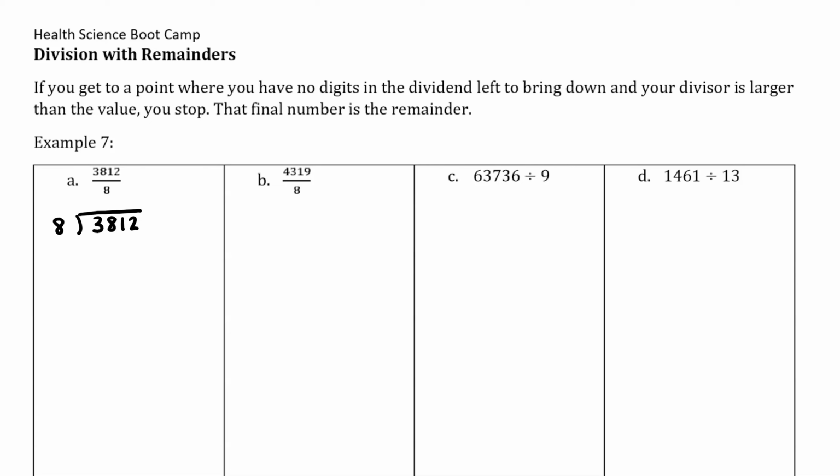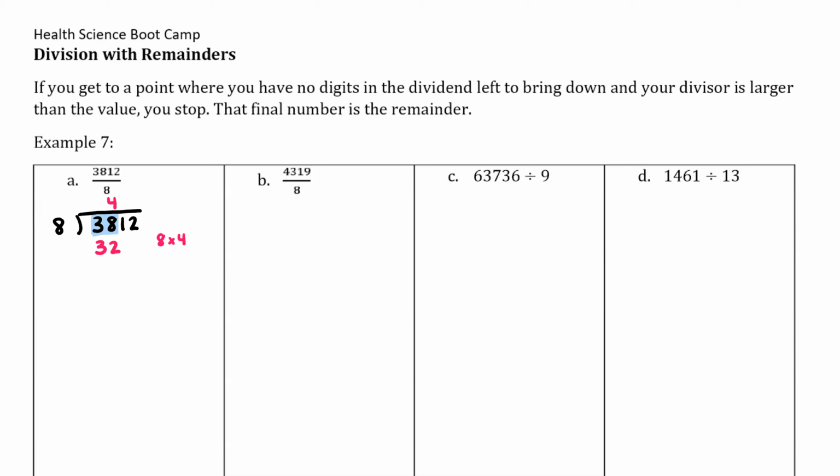Now, as customary, my number doesn't go in. 8 does not go into 3. So I'm going to start with 2 digits. I'm going to say, okay, what can I times 8 by to get close to, but don't exceed 38? So if I did 8 times 4, that makes 32, and that's the closest number.